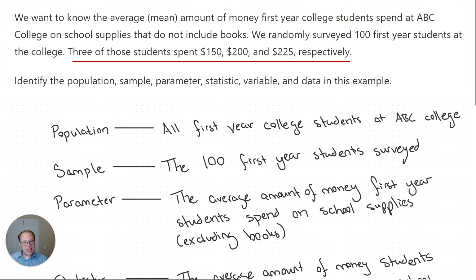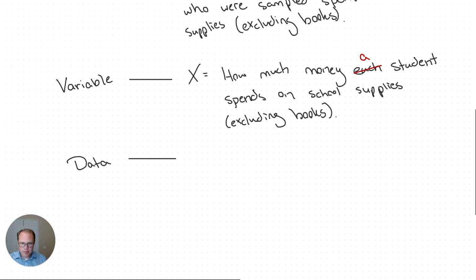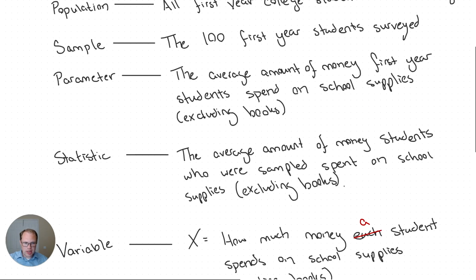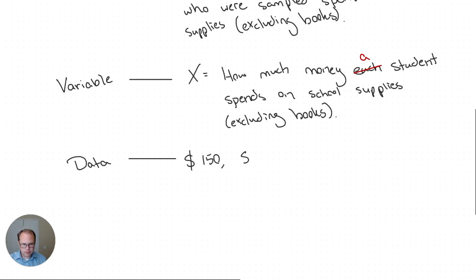For those 3 students, that's their data. So that's the data we have: 150, 200, and 225. That is the data for those 3 students, and that's an example of the data that we could expect for the entire sample.